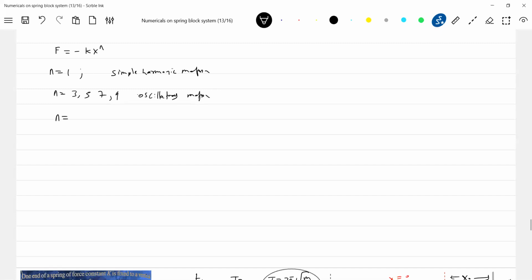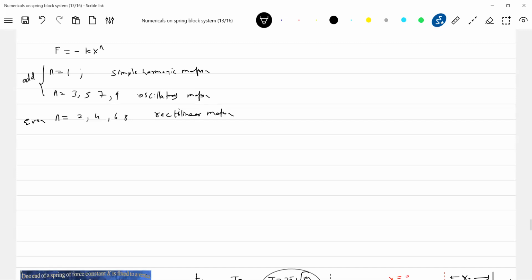If n is even, like 2, 4, 6, 8, it will be rectilinear motion. Able to understand now?